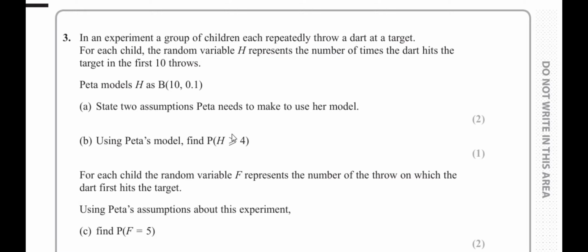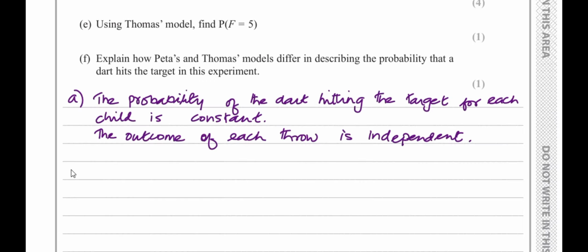Part B. Using Peter's model, find probability of h greater than or equal to 4. So let's write the distribution model here. H follows binomial distribution. 10 trials, probability 0.1. We want to find out the probability of h being greater than or equal to 4.